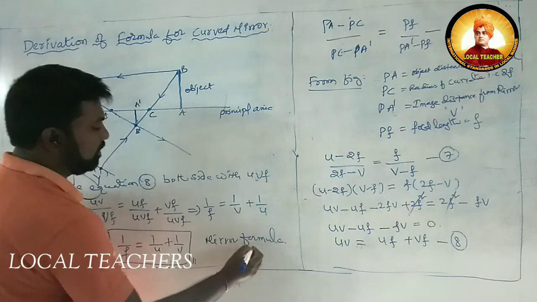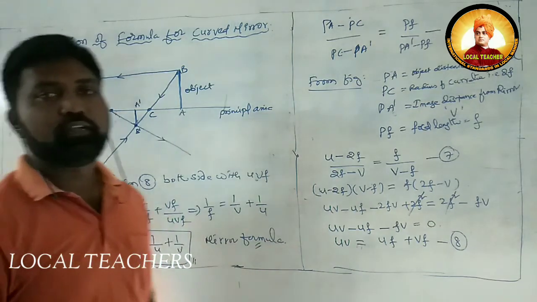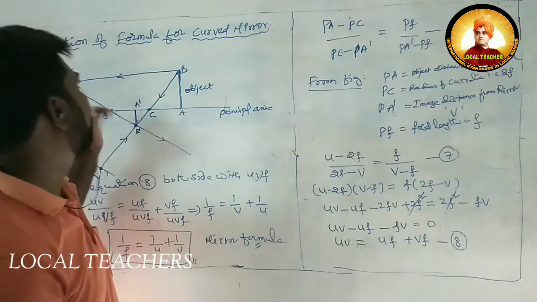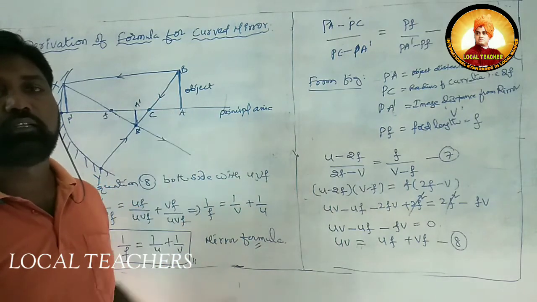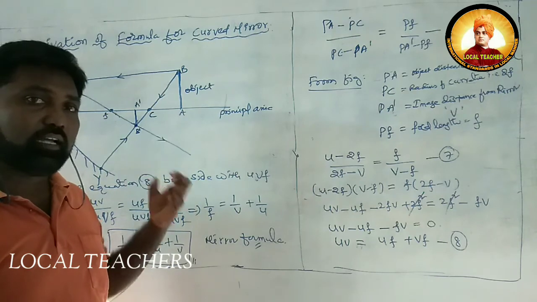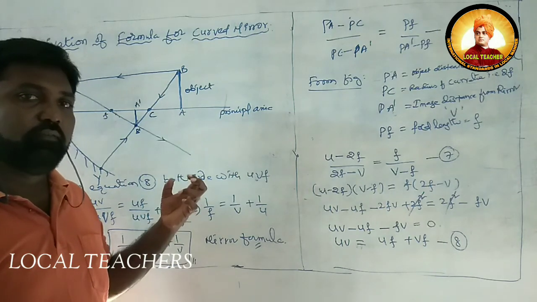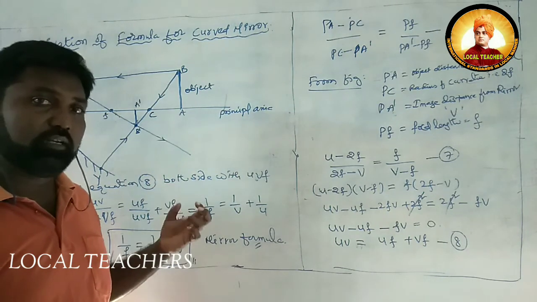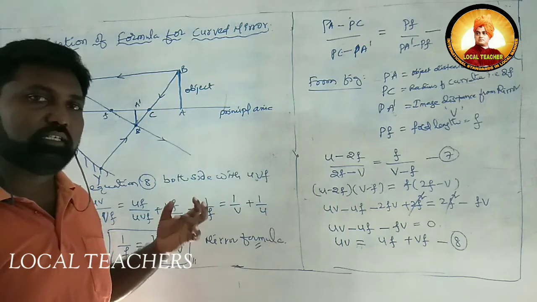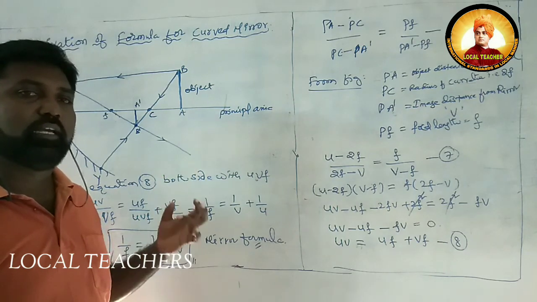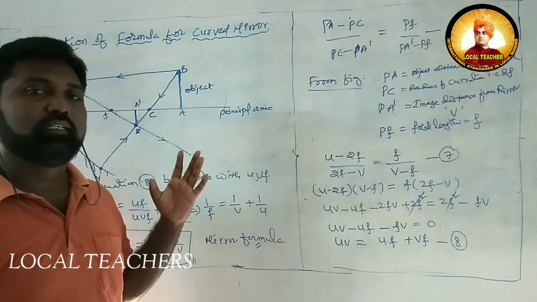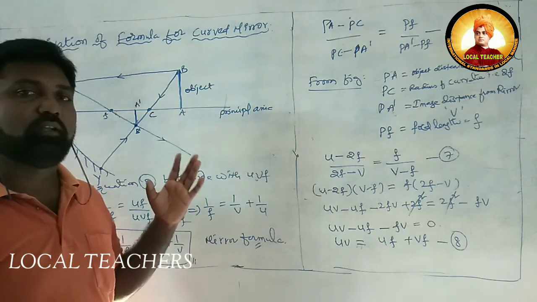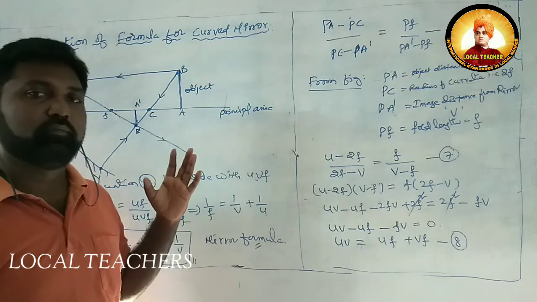So this is the derivation of the formula for a curved mirror. By this curved mirror formula, we get the relation between focal length, object distance and image distance.